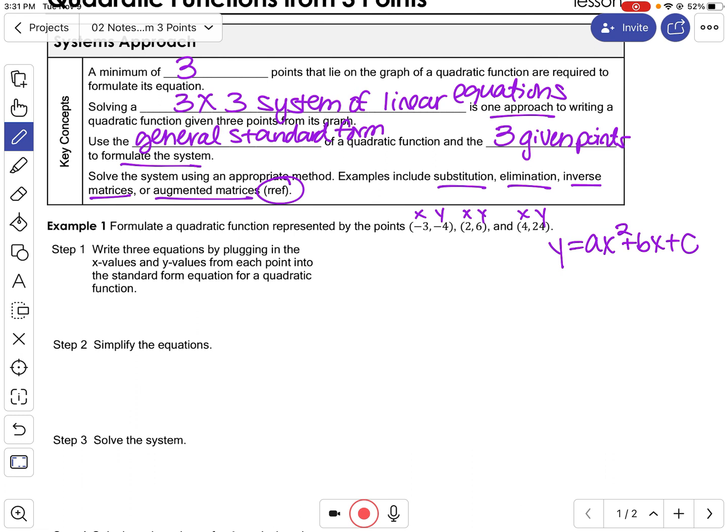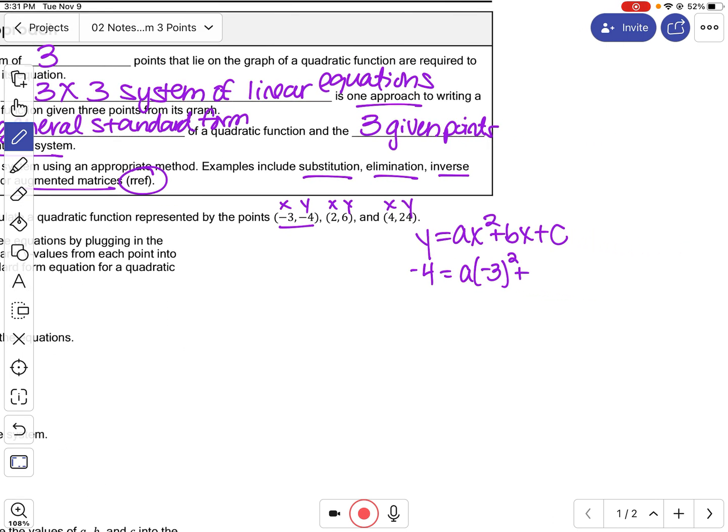So I'm going to start with the first one. The y is -4. The x is -3. So I'm going to have -4. When I square -3, I get 9. So that's 9a minus 3b plus c.